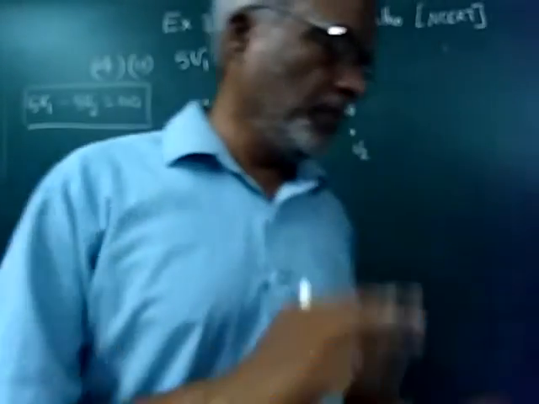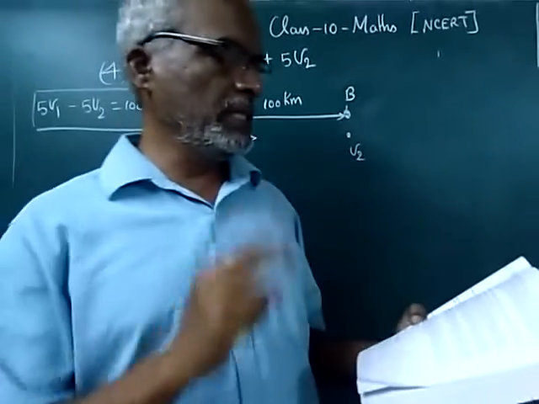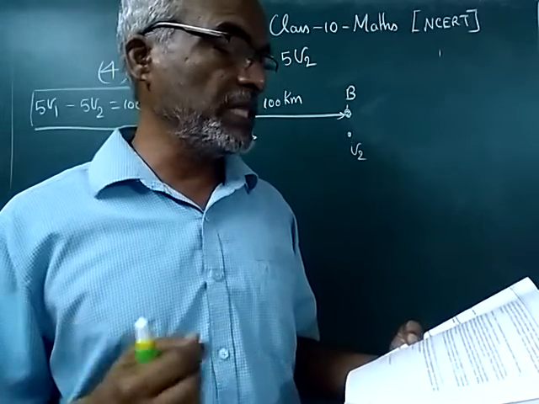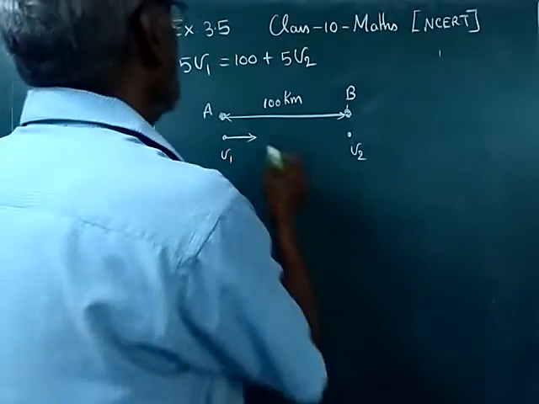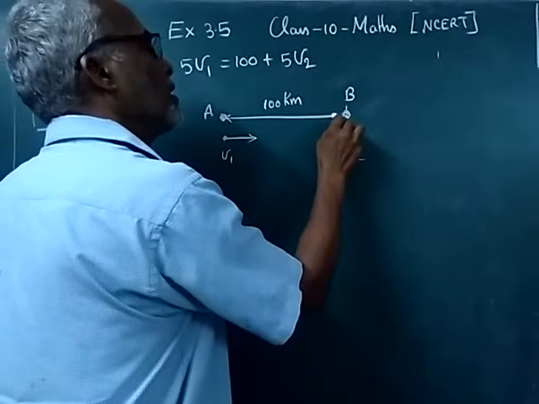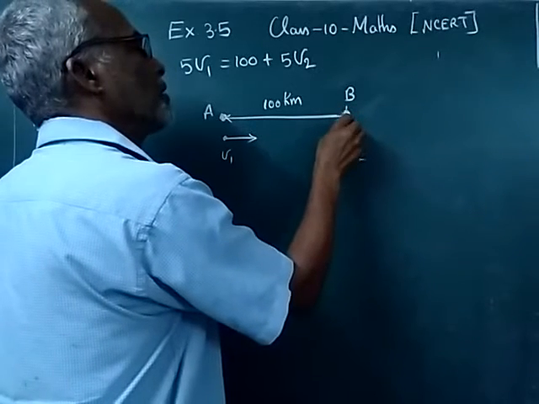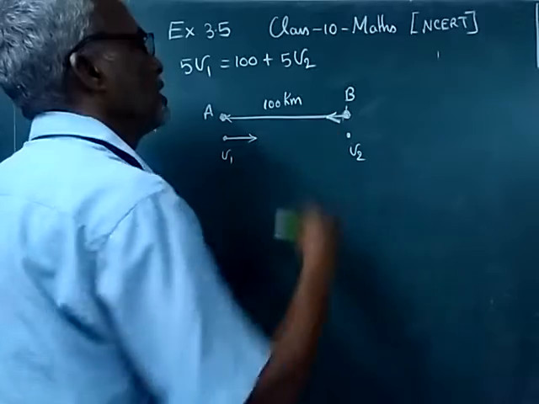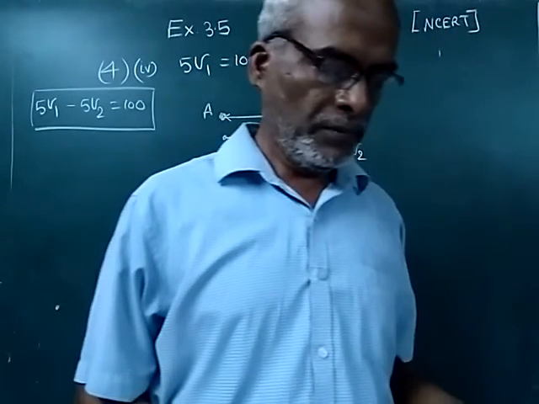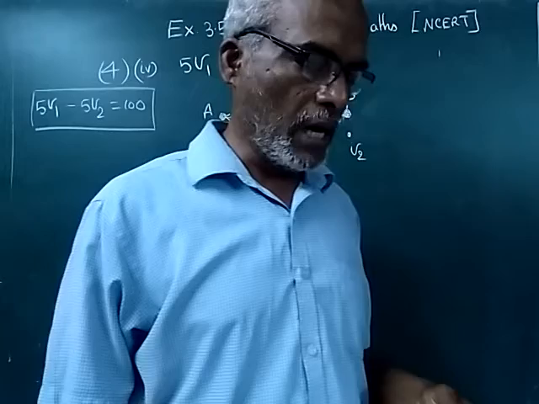Okay, so first part we got the equation, then we have the second part of the question. If they travel towards each other, that means now car A is moving in this direction and car B starts from here and moves in the opposite direction. They meet in 1 hour.